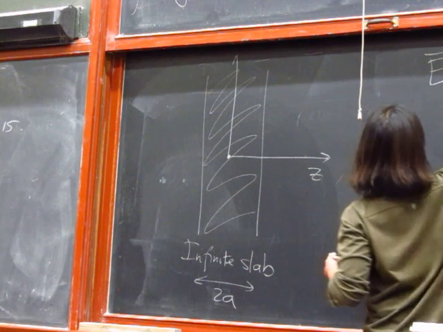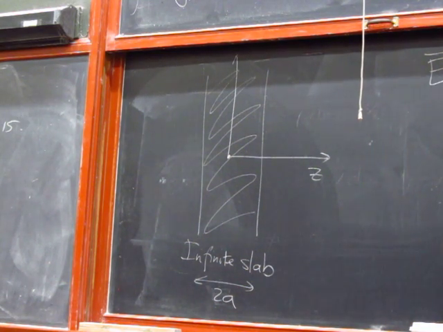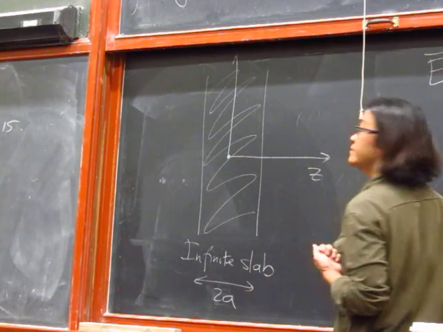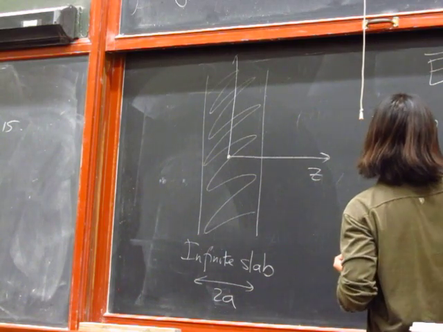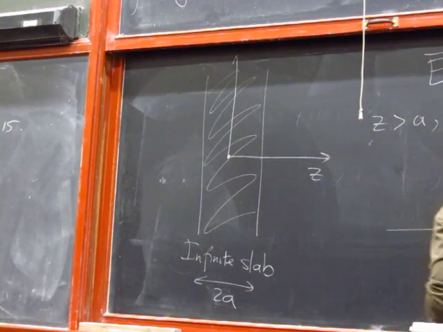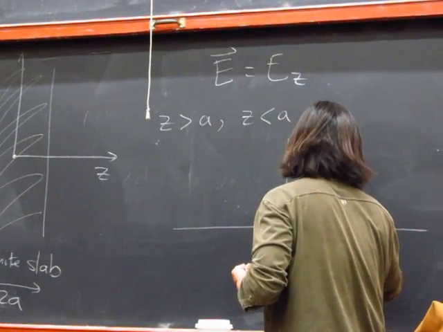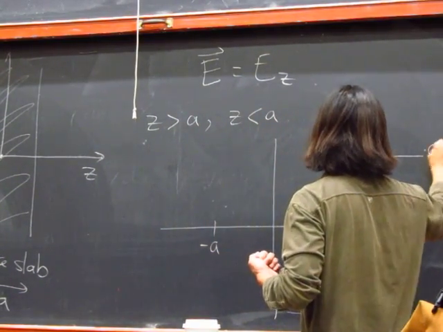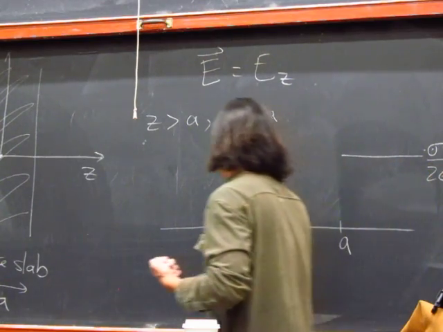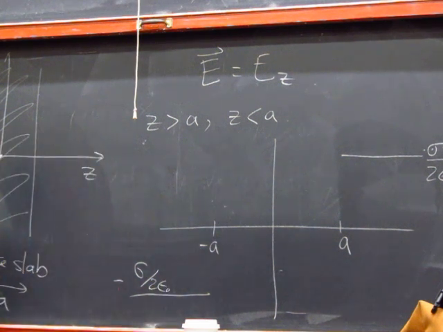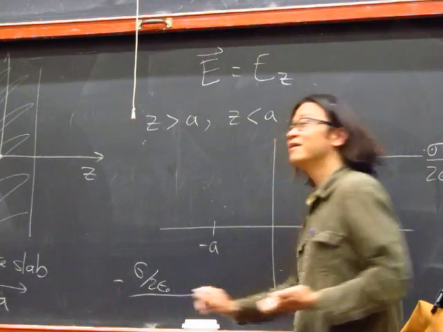The electric field is only pointing in the z direction. For z greater than a or z less than minus a, applying Gauss's law, you'll get the following. This is a, and this is minus a. The electric field here is sigma over 2 epsilon naught, and the electric field here is minus sigma over 2 epsilon naught. How about in between? What does it look like?